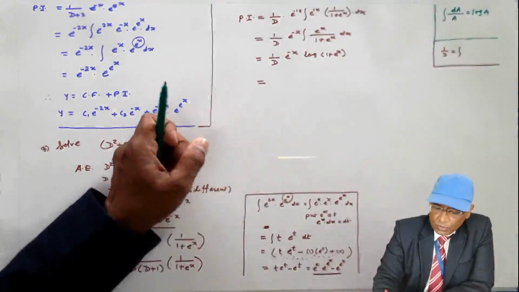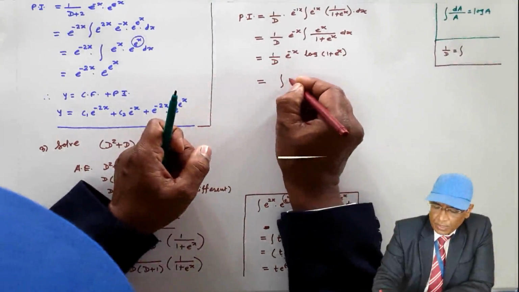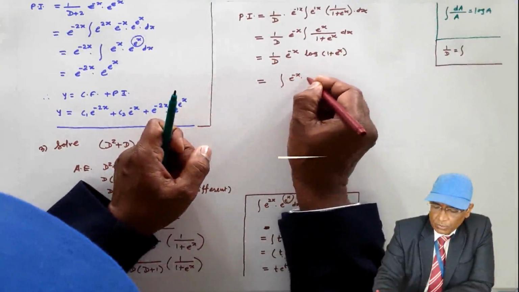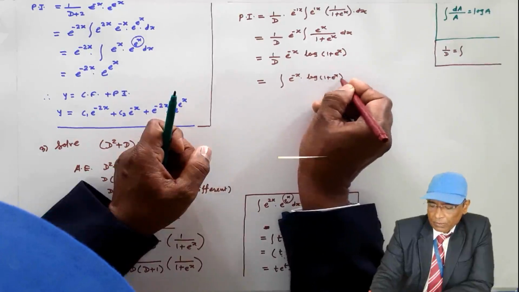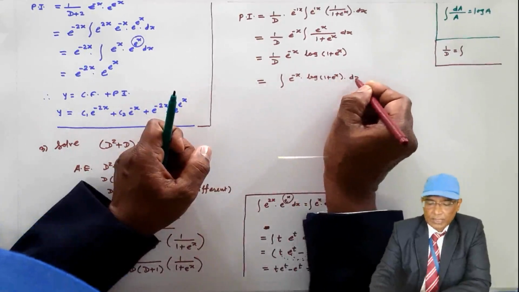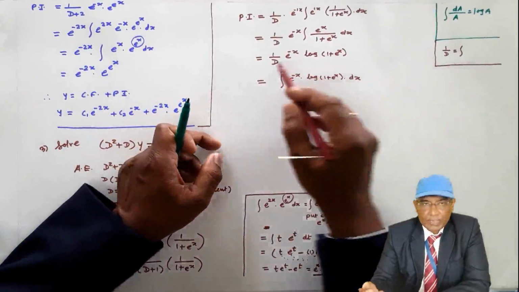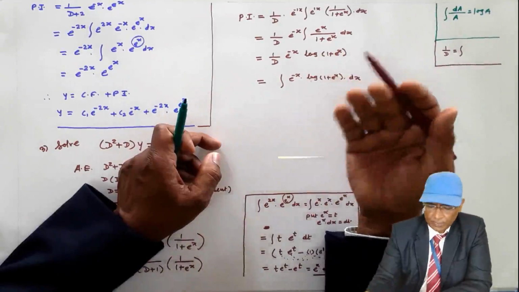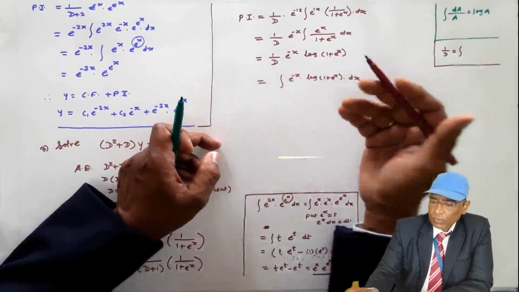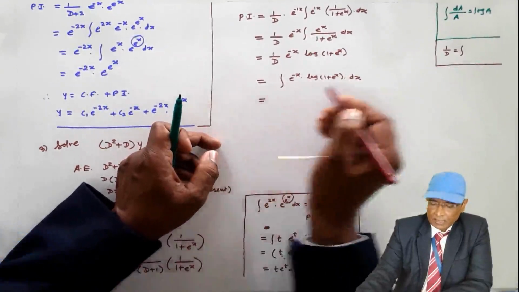So take the integration of e to the power minus x into log of 1 plus e to the power x. You can use the 1 by D plus a formula also and put a equal to 0, and in that way you can go ahead, or 1 by D is integral directly.